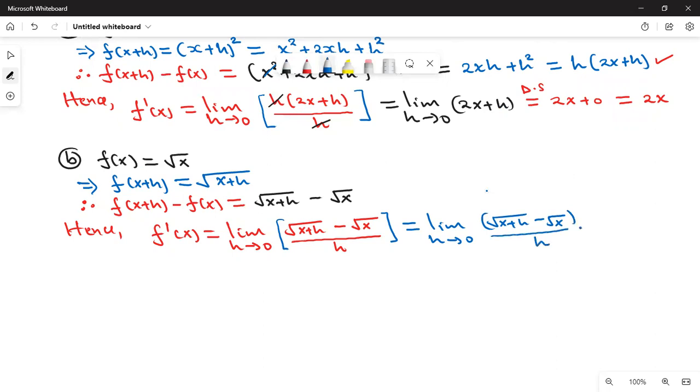So we are multiplying numerator by root x plus h plus root x. That's the conjugate of that surd. Do the same in the denominator, root x plus h plus root x. You see what you have done? What you have done in the numerator, you must also do it in the denominator.